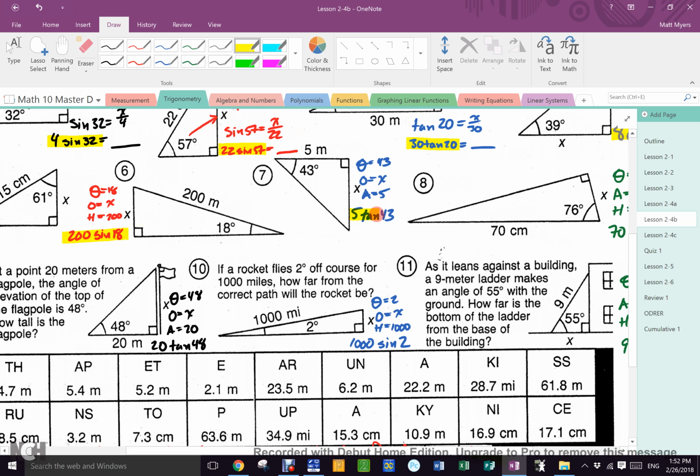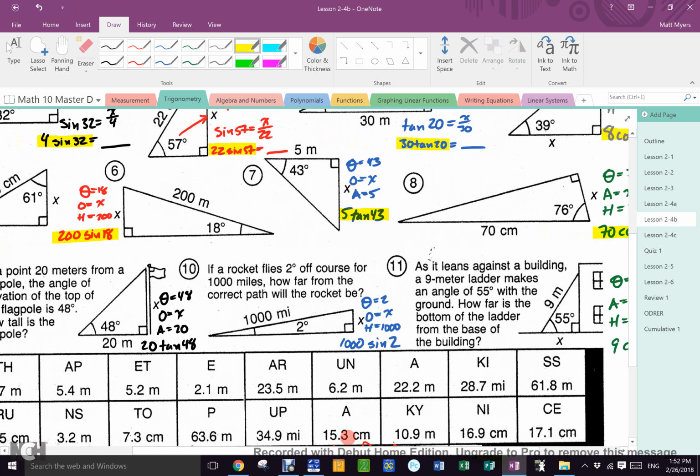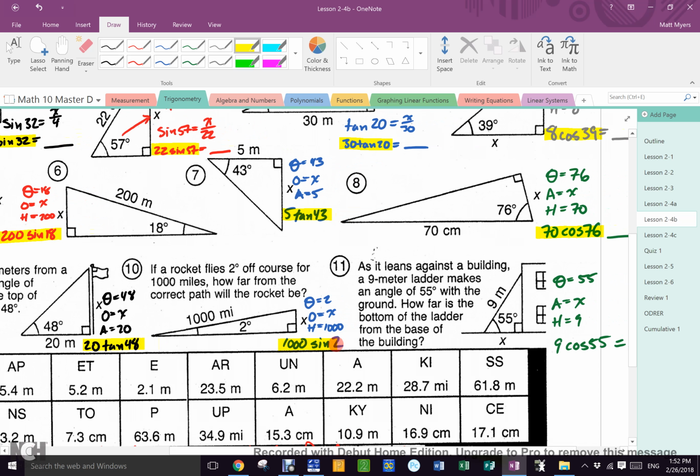Number 7, 5 times tan 43. Number 8, I flip the triangle over, but you still follow the same rules. 70 times cos 76. 20 times tan 48. 1,000 times sine 2.